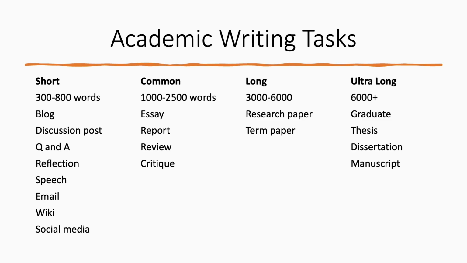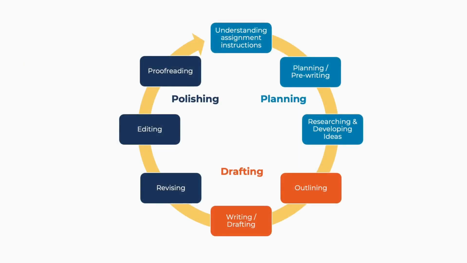And then ultra-long papers of 6,000 words plus are typically found at the graduate level with a thesis, dissertation, or manuscript, and these papers can take years to complete. Regardless of the task, you can adapt the writing process to the scale of your assignment.